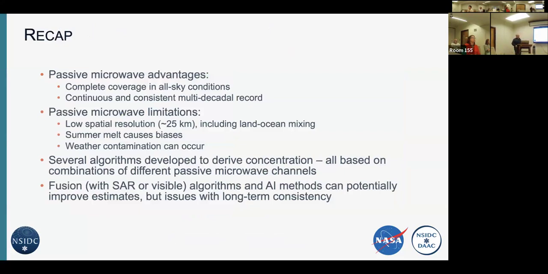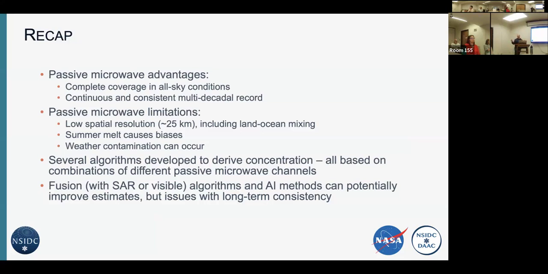Recapping, the passive microwave's big advantage is that it's all sky conditions, day and night, through clouds, in most clouds anyways, and it's a continuous and consistent multi-decadal record. So we've got 47 years of data. That's one of the longest satellite climate records that there is, really. And then the limitation is the low spatial resolution, land ocean mixing. The summer melt is challenging.